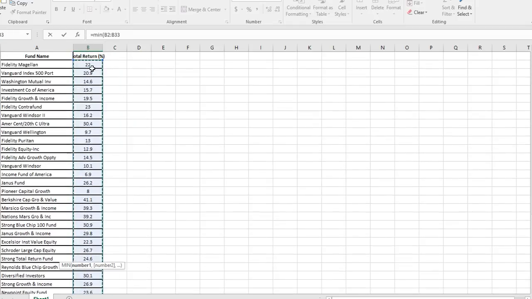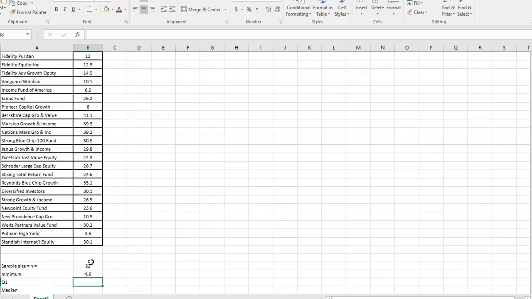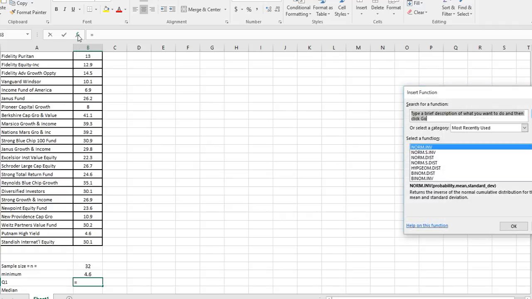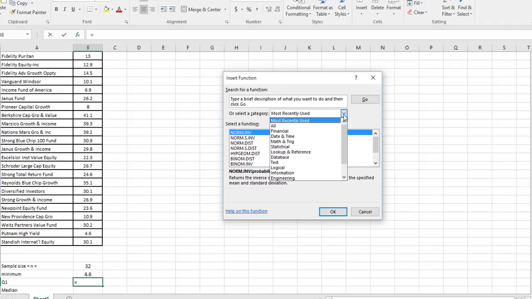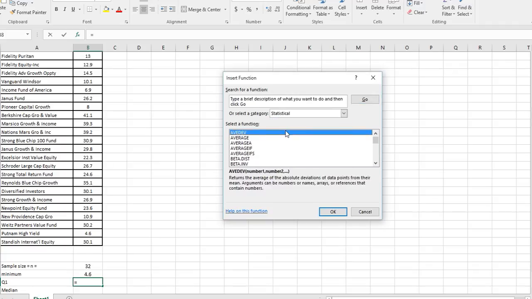If you're not sure what the commands are, let's go, for example, quartile. Suppose we don't know that. We can go up to this fx, this function, and click on that, and we can go here, most recently used, but you can also go down to statistical and look up some different things. There's a whole bunch of them here.